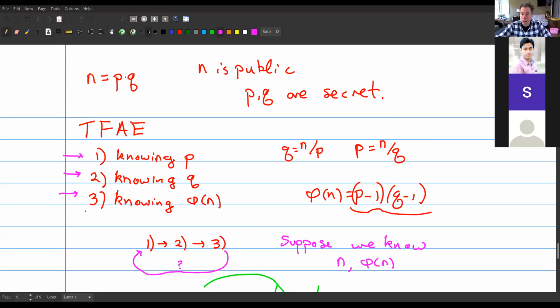Yeah, so the big picture is we're going to give everybody this number n, and then everybody can use n to encrypt messages to us. But the only way you can decrypt those messages is by knowing P and Q. We want everybody to be able to encrypt messages, but only people who know P and Q to be able to decrypt them.